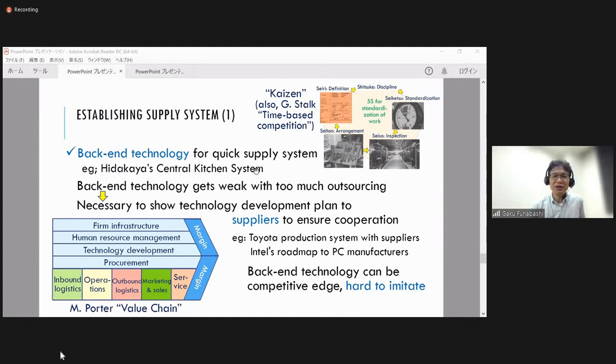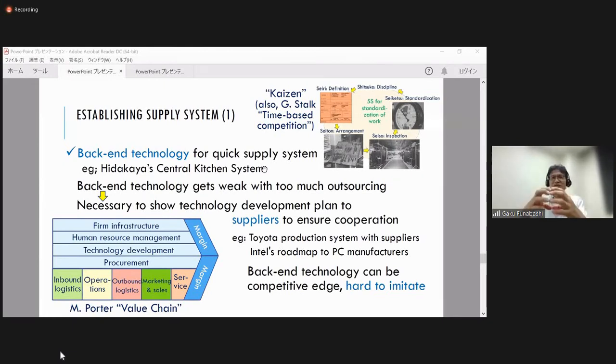When I talked about co-opetition, I showed the example of Hidakaya, and I explained that Hidakaya introduced a central kitchen system because they have many restaurants, but in each restaurant they don't cook separately.